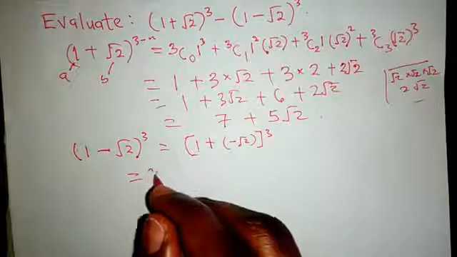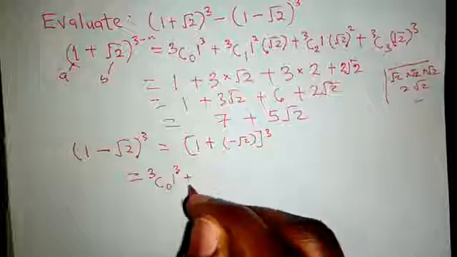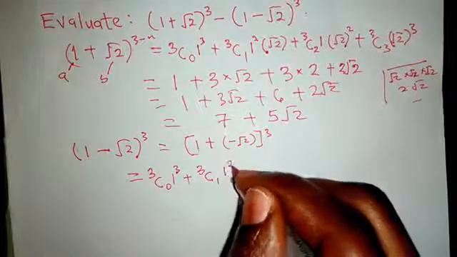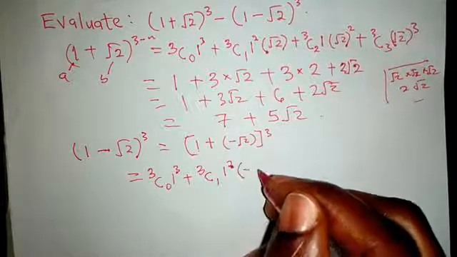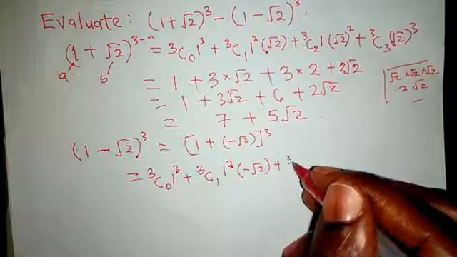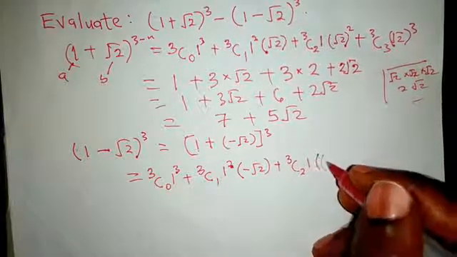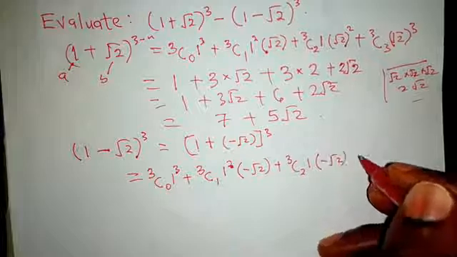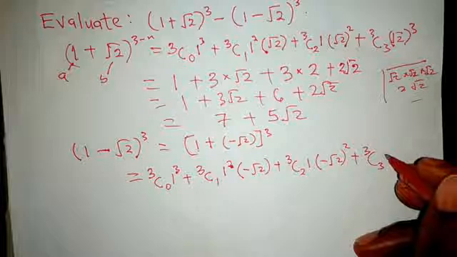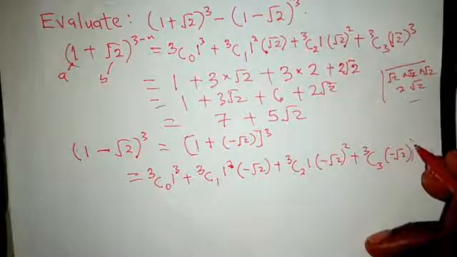So we have 3 choose 0, 1 to the power of 3, plus 3 choose 1, 1 to the power of 2, and then B is minus root 2, plus 3 choose 2, 1 to the power of 1, times minus root 2 to the power of 2, plus 3 choose 3, 1 to the power of 0, which is 1, times minus root 2 to the power of 3.